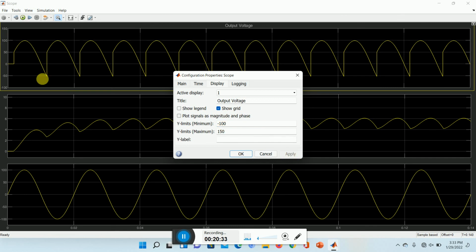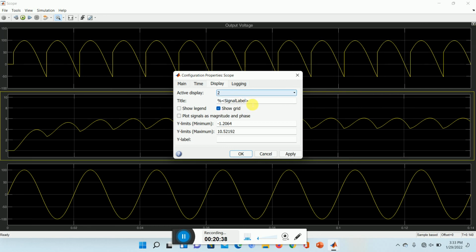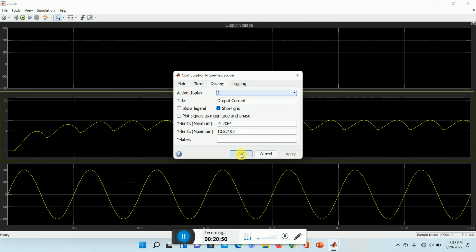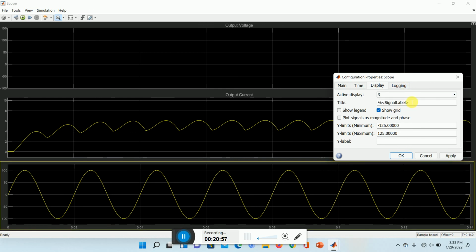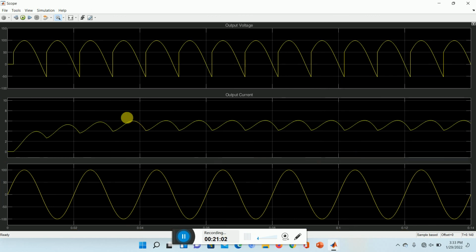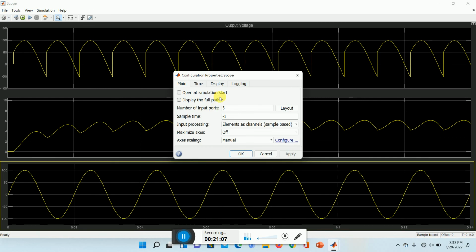Now we can see this is the middle of the axis. This is the output current, and the range is okay, so fine. The third one is okay, but for the third one we need to write down that it is the input voltage.